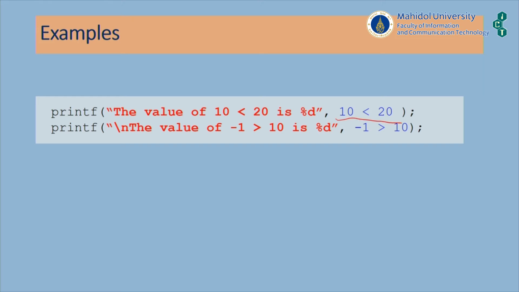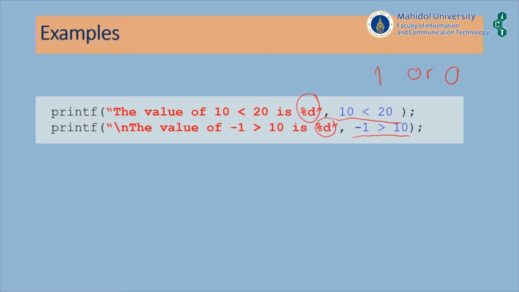And the second one, you're going to print out the value of minus 1 more than 10. From %d, you get the result as an integer, but both conditions are going to be either 1 or 0.